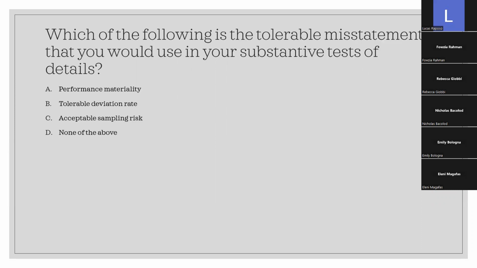Next question. Which of the following is a tolerable misstatement that you would use in your substantive test of details? Performance materiality, tolerable deviation rate, acceptable sampling risk, or none of the above? This one's a bit harder.